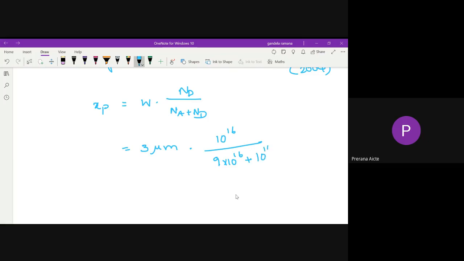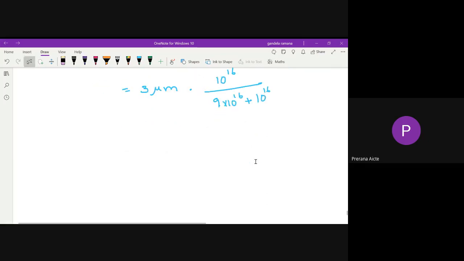Taking 10 power 16 common, we get 3 micrometers into 10 power 16 by 10 into 10 power 16. These cancel, so we get 0.3.